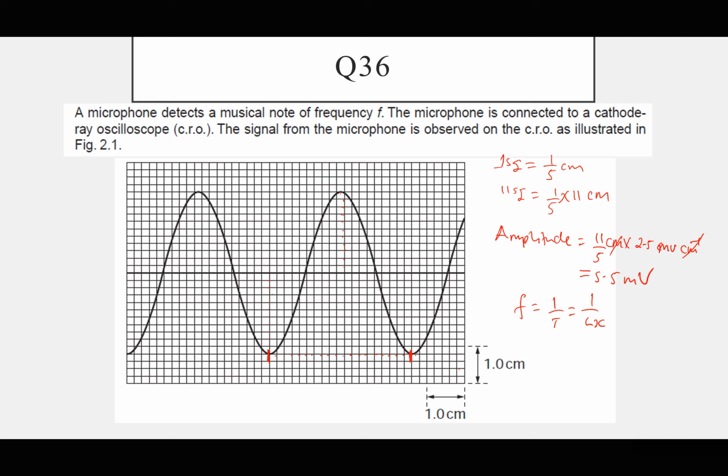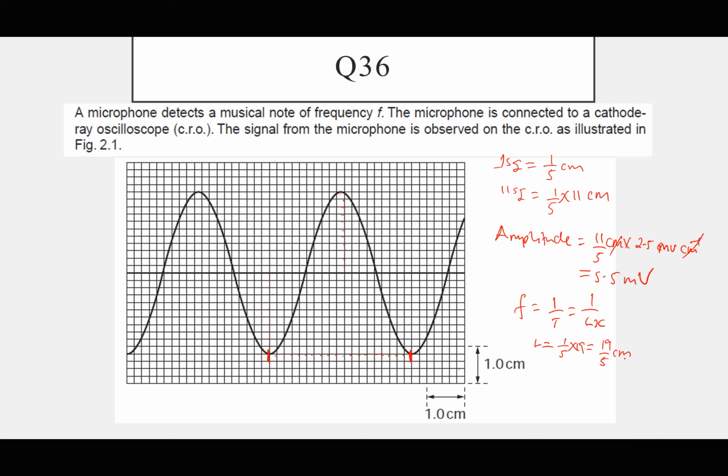So there are 19 small squares representing L. Remember, one small square is 1 over 5, so L is 1 over 5 times 19, which is 19 over 5 in centimeters.